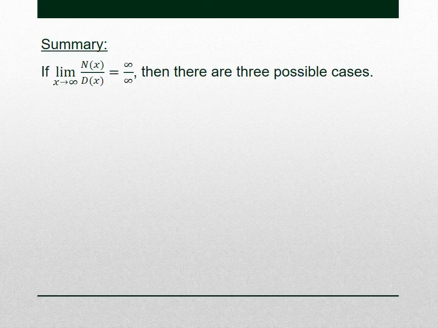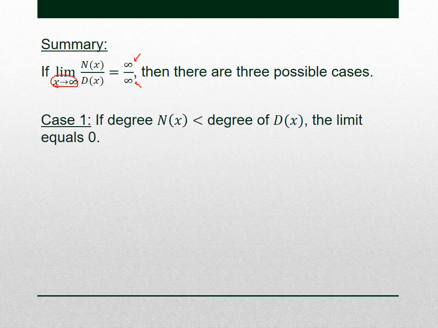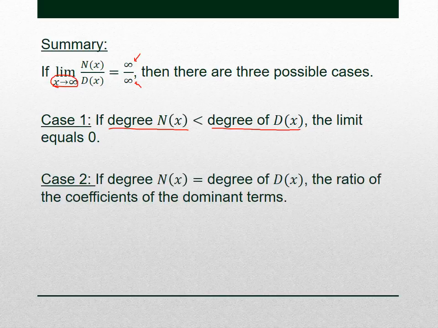Summary of that dominant term rule. If you end up with an infinity over infinity, or if you're taking the limit as x goes to infinity, then there's 3 options. If the degree, when I say degree here, I mean the highest degree of the numerator, is less than the highest degree of the denominator, right? So if the bottom is bigger, then the limit equals 0.